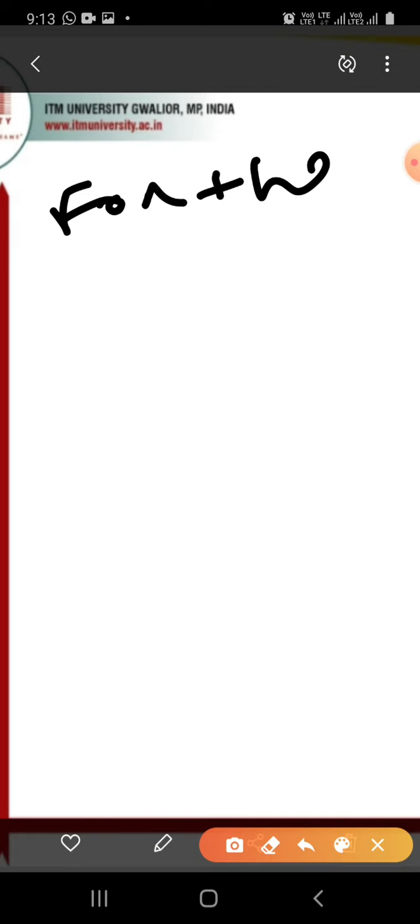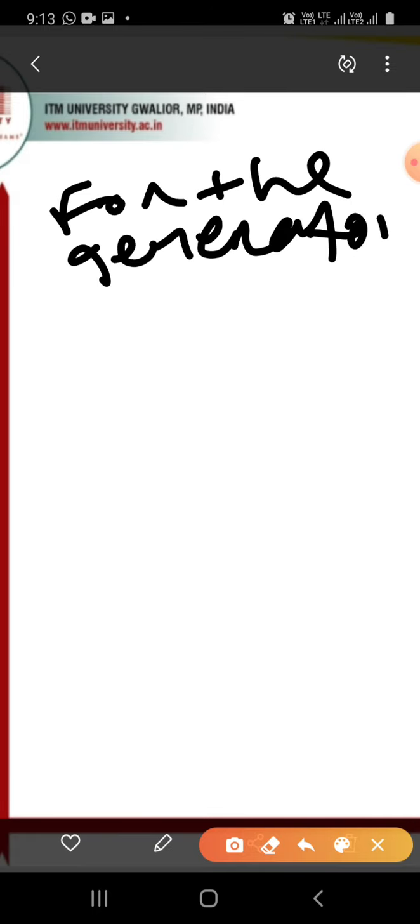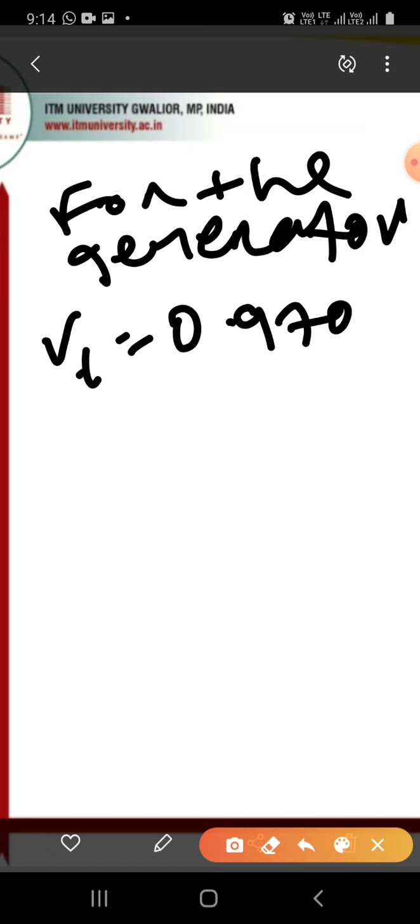So for the generator I can write Vt as Vf plus, in the place of Vf I am writing 0.970, already calculated, plus our reactance, which is given in the question.